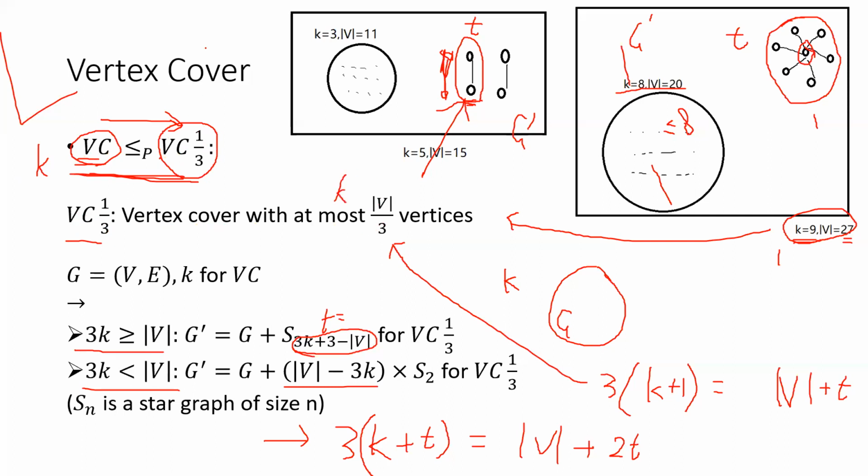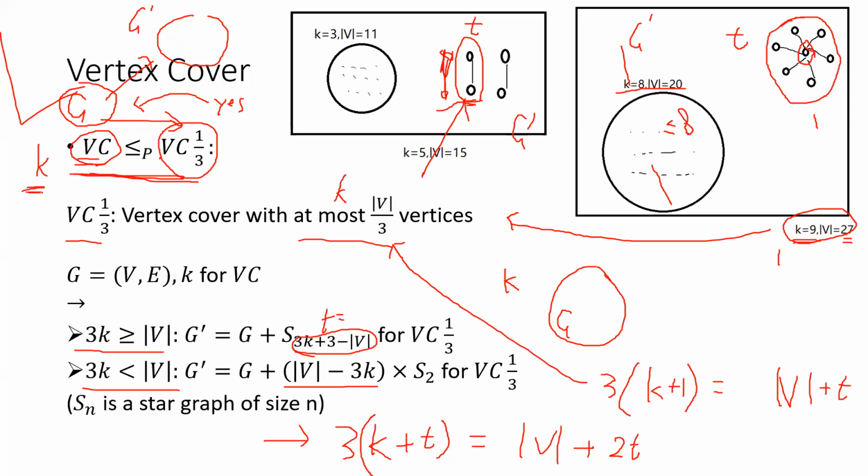So we need to construct a new graph G prime such that if VC1/3 is yes, meaning it has a vertex cover of at most V/3 vertices, then we can conclude G has a vertex cover set of at most size k.